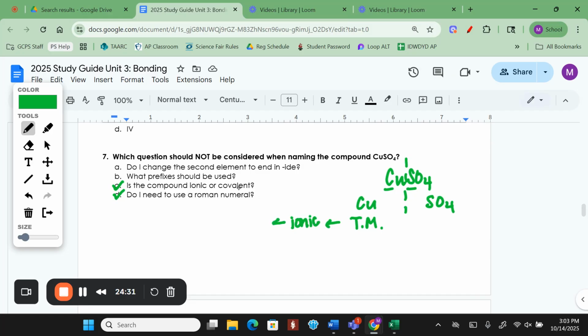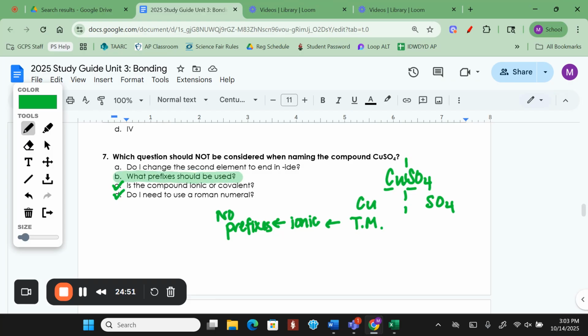Because we know of this, that means that we should not use prefixes, or we're going to say no prefixes. And because of that, that is the question that I would not consider when naming this compound.